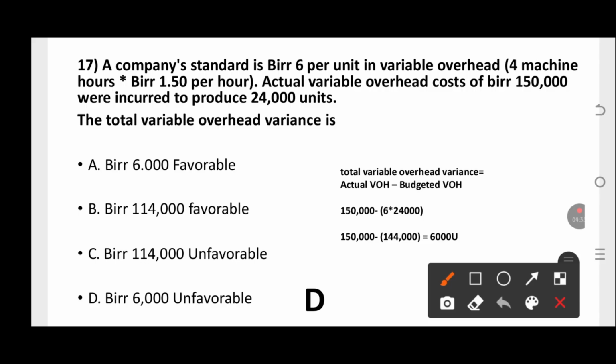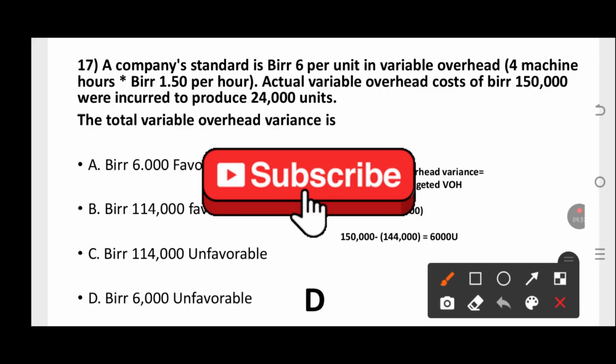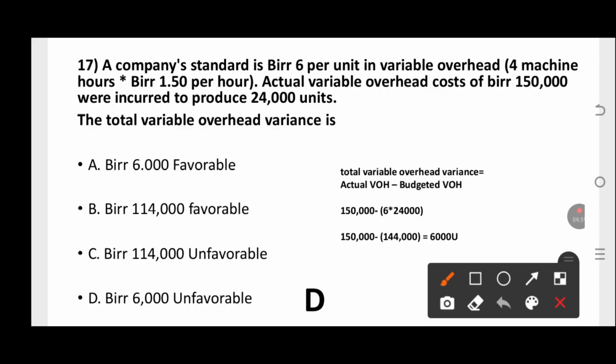Actual variable overhead costs of 150,000 were incurred to produce 24,000 units.